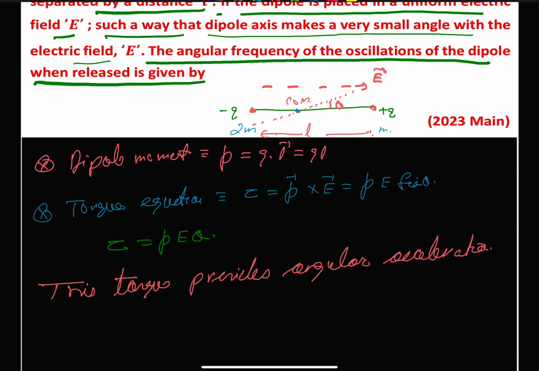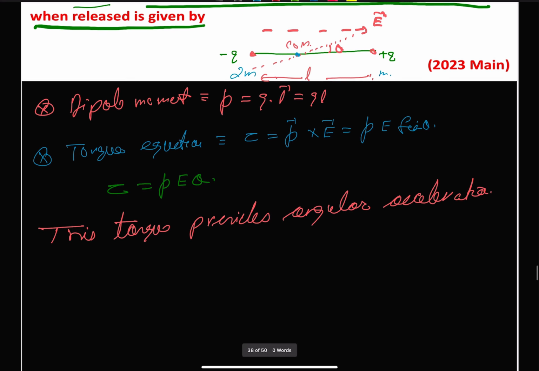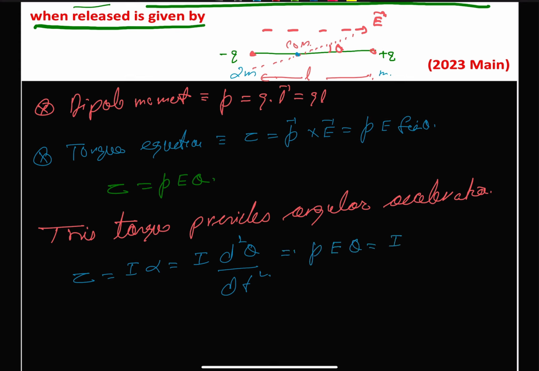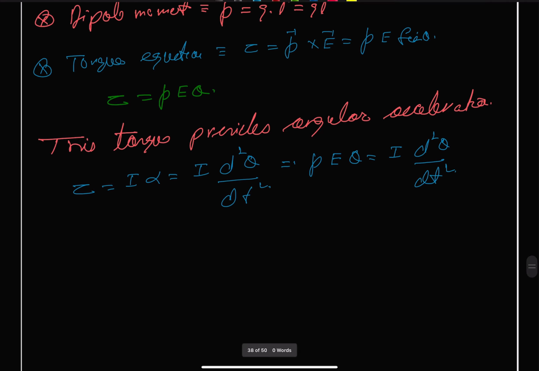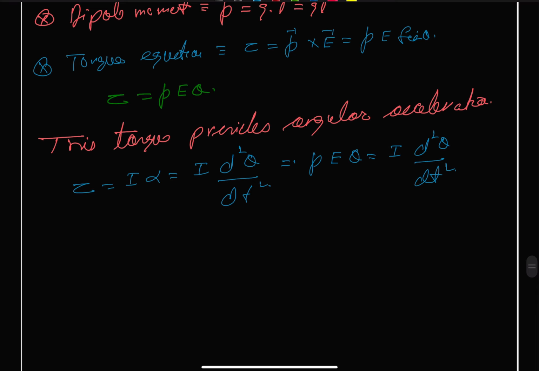Therefore, we can write that our tau is equal to moment of inertia times angular acceleration, or we can write this as I d²θ/dt². Therefore, we can say our PE sinθ is equal to moment of inertia I times the double derivative of θ. This is the restoring torque, so we put a minus sign.